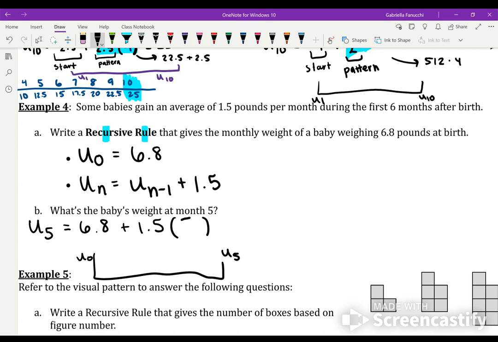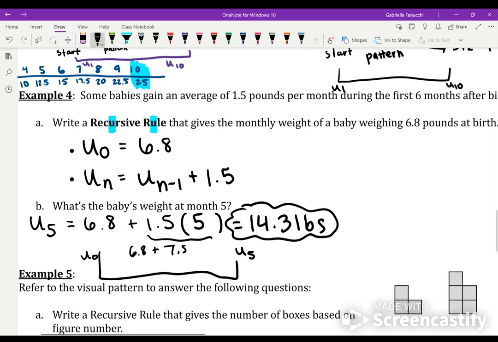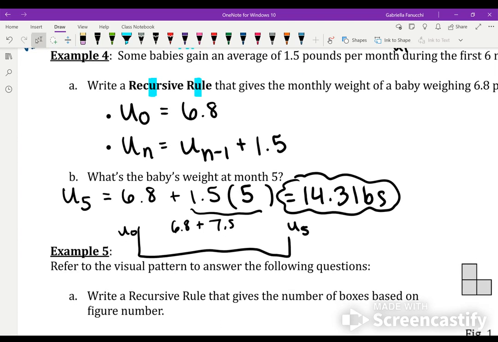We're adding it 5 times. So do 1.5 times 5, which is 7.5, plus 6.8. You should get 14.3 pounds. If you do the multiplication first, which you should because of order of operations, you're going to do 1.5 times 5 and add 6.8.